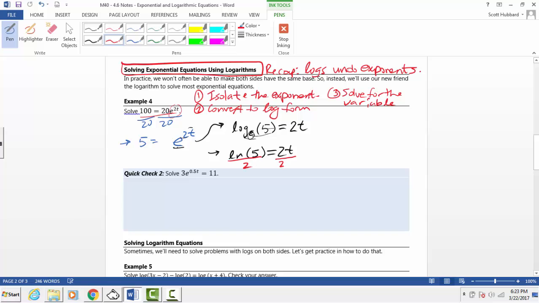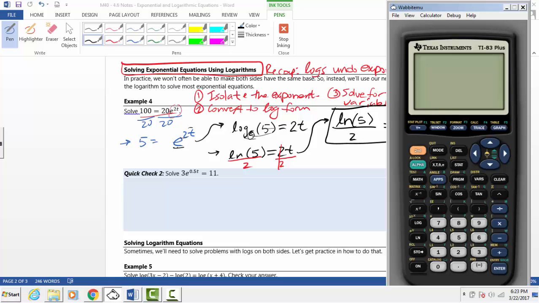So divide by 2, and now we have ln 5 divided by 2 is equal to t. And if you want a number answer, just to help you with the decimal, turn this on, it's going to be ln 5 divided by 2. There you go, about 0.805.